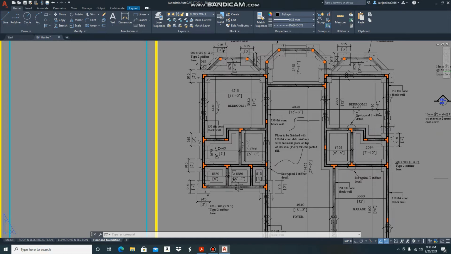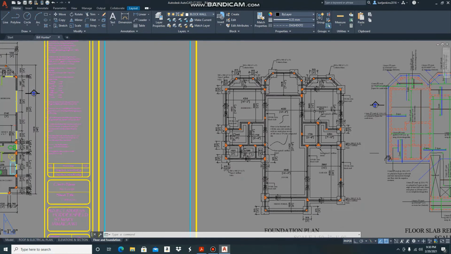And if your foundation is not constructed properly, you can find yourself in problems in terms of structural failure, shear cracks, and flexural cracks that develop in your structure. So you must take care to read your foundation plan very carefully. In other words, you must study your foundation plan.